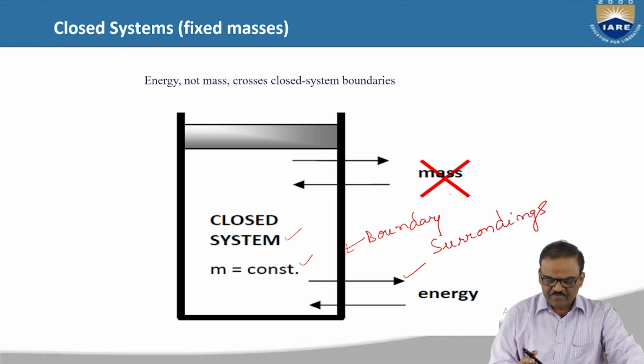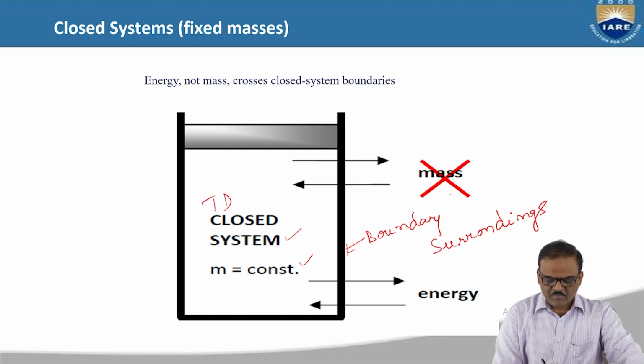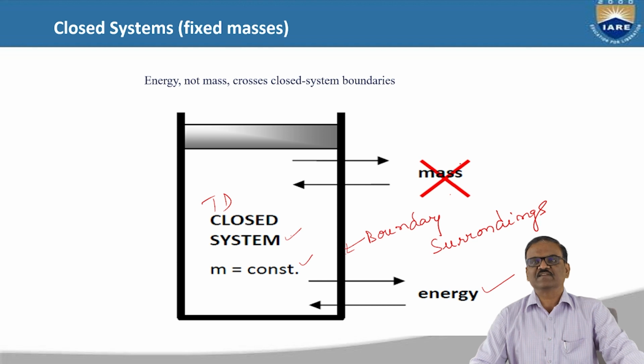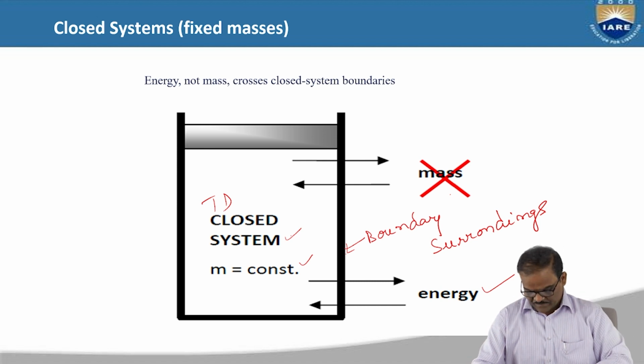So when you see here, thermodynamic closed system, boundary, surroundings. In this, only energy transfer is taking place, there is no mass transfer taking place. Such a system we call the closed system with fixed mass.